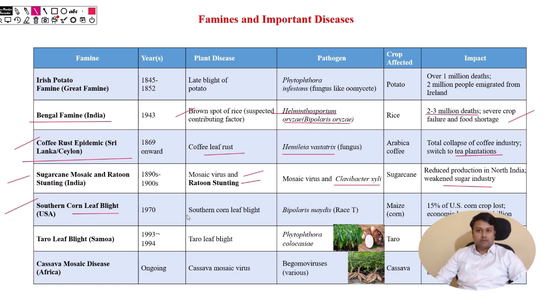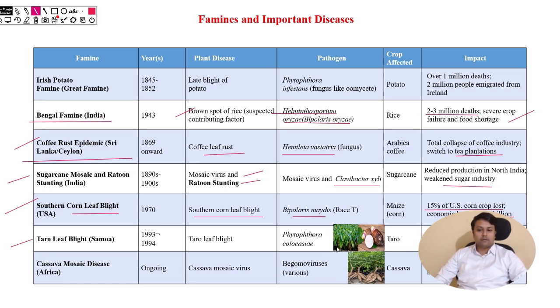The next important disease is southern corn blight, due to the fungus Bipolaris maydis. This single disease led to 50% crop loss and a 1 billion loss.